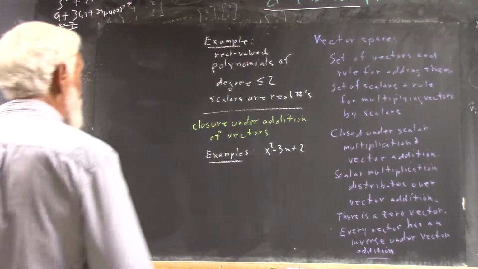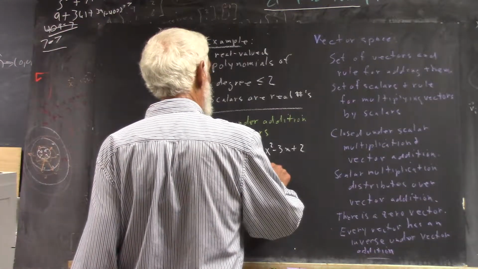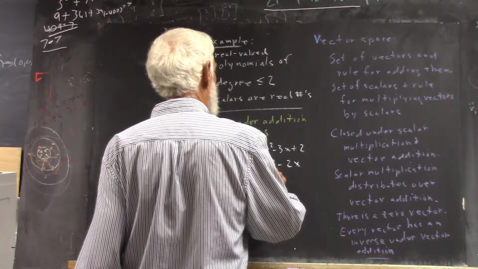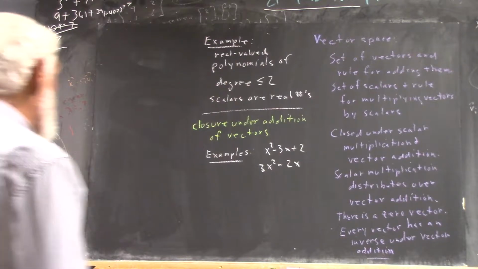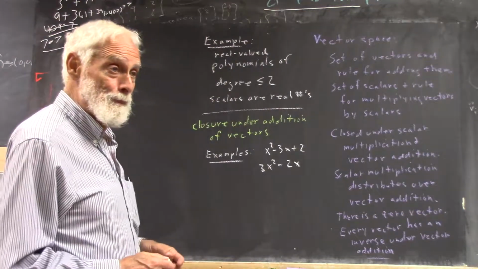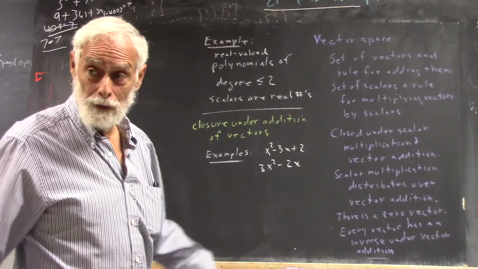So that would just be 3x squared minus 2x. Perfectly good example. We don't have to write the plus 0, it's understood.